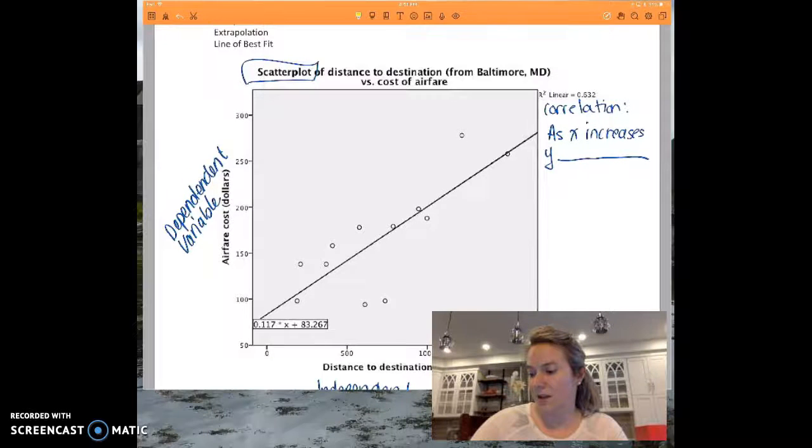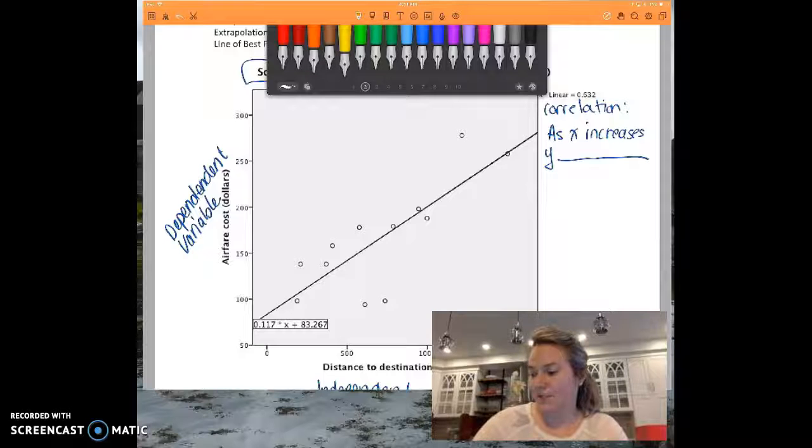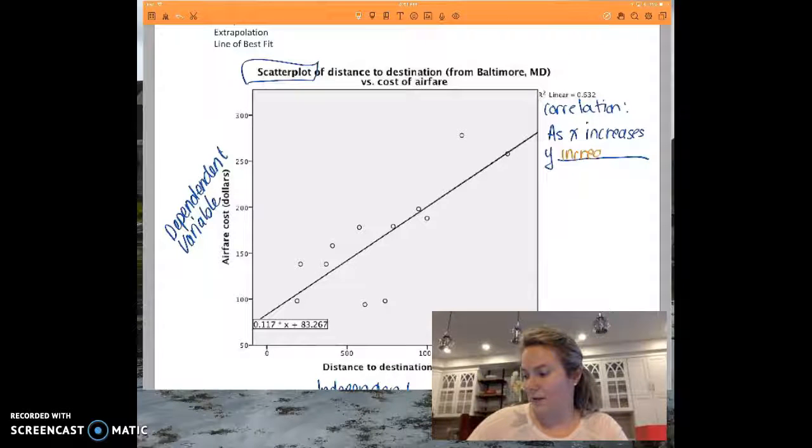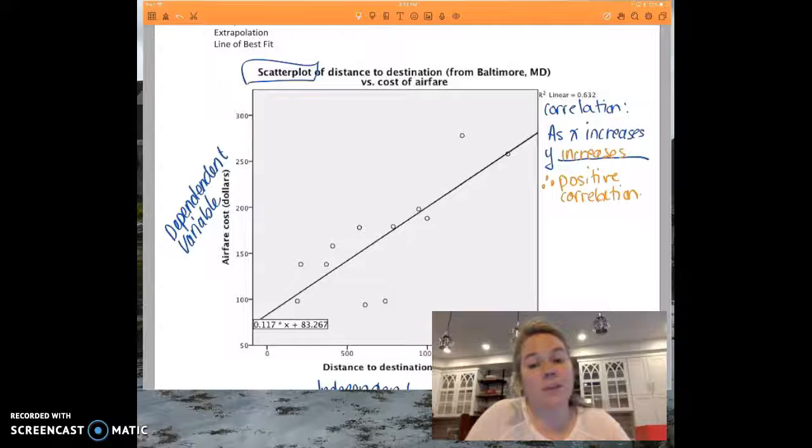Increases. This would mean it is a positive correlation. And if you think back to Unit 2 that we just finished, you might realize that a positive correlation and a positive slope look a lot alike.